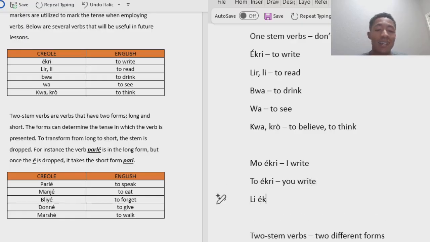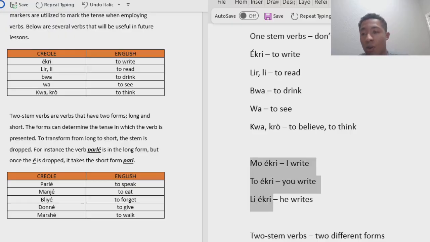Li écrit, he writes. And one thing you notice is there's no real conjugation. Moi écrit, toi écrit, li écrit. These are not conjugating. These are actually staying the exact same. They're the exact same form of the verb for all of the pronouns.